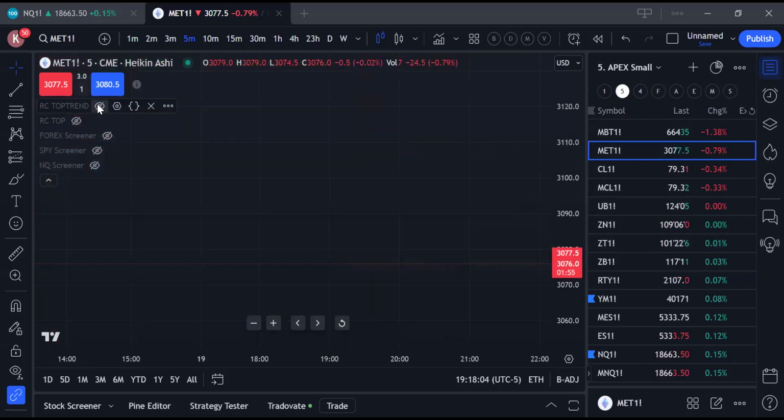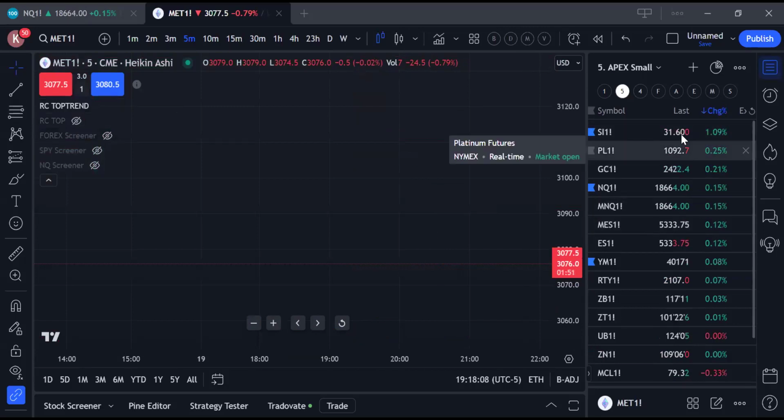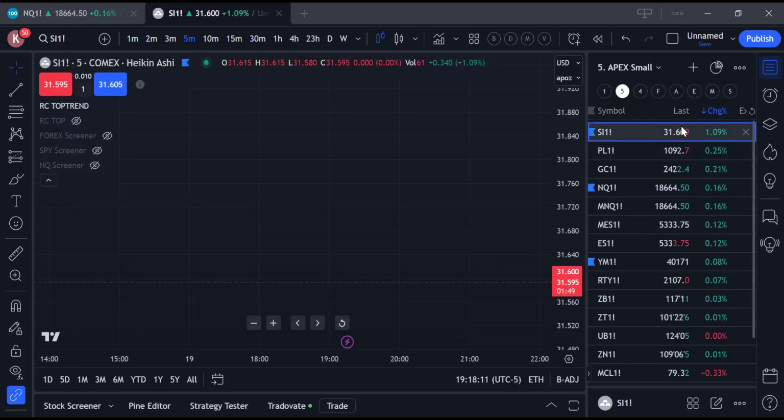Let me explain the second one. Let me show you the example one more time so you will understand the major difference between both.